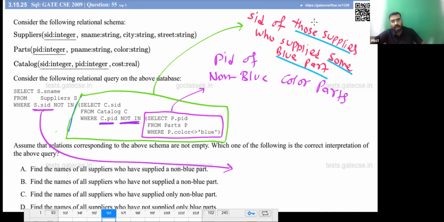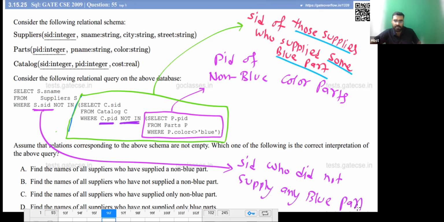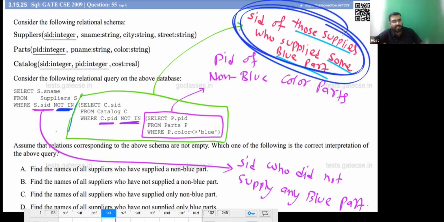I want the SID who did not supply any blue part. Agree? Yes or no? Because I am not interested in these SID. I want those SID which are not here.